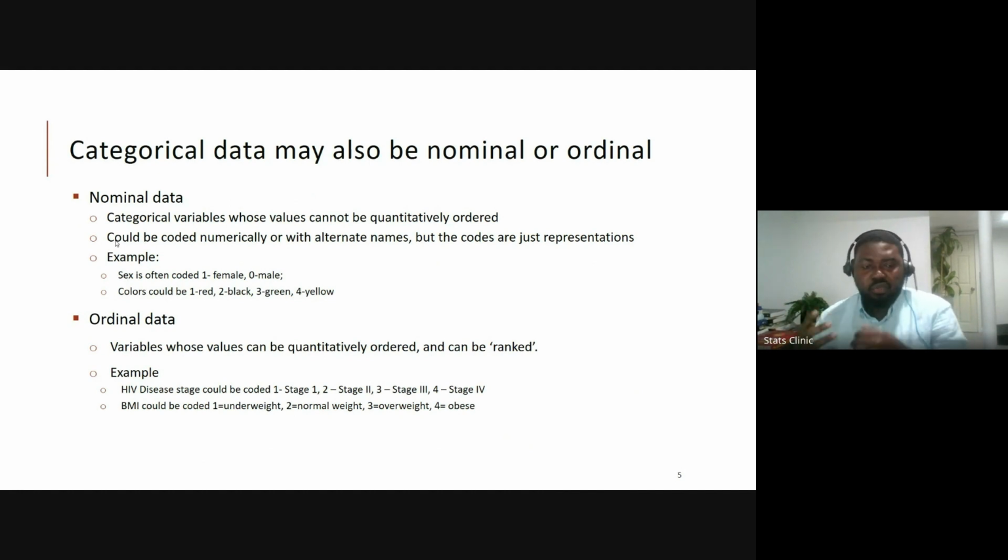They come from a particular characteristic of the variable. Gender, for instance, might be male, female, others. Colors might be red, black, green, yellow. We cannot have color 1, color 2, color 3. That's not how we typically think about it, right? So that's a nominal variable.